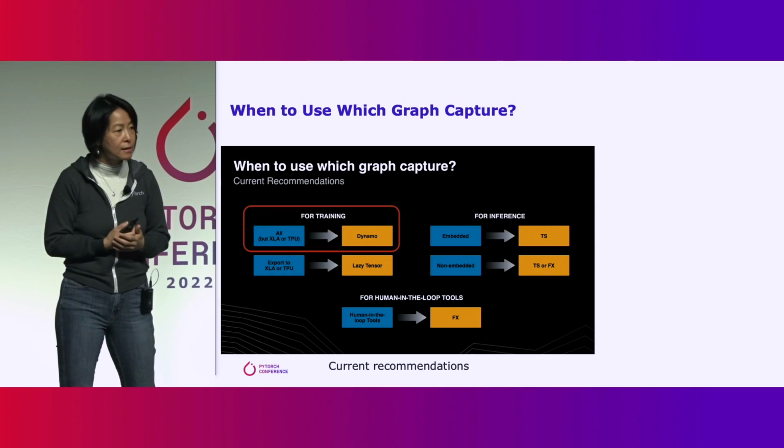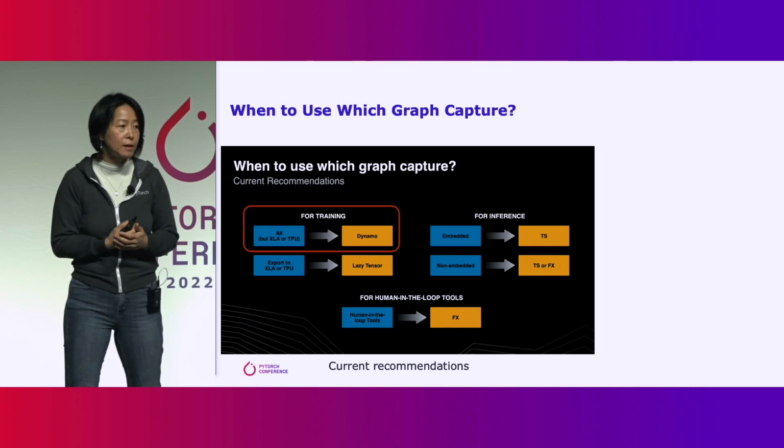So Dynamo is great, but if you are an experienced PyTorch compiler user, you would ask this question: which technology do I use? As of today, we recommend using TorchDynamo for any scenarios that can be deployed with eager. That includes most of the training scenarios and some of the inference scenarios.